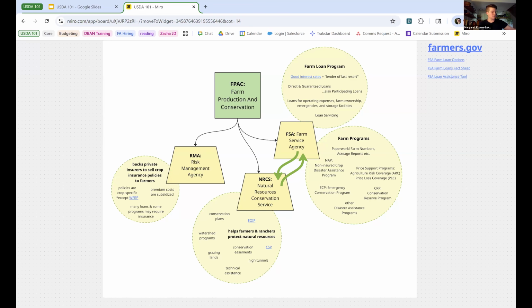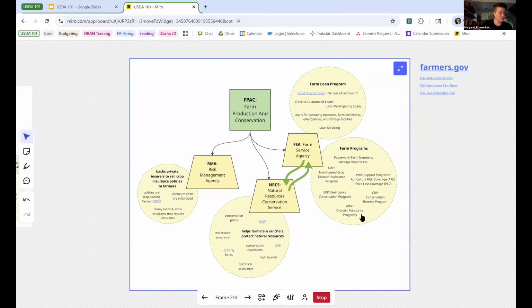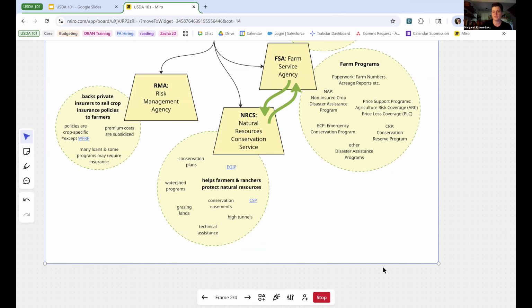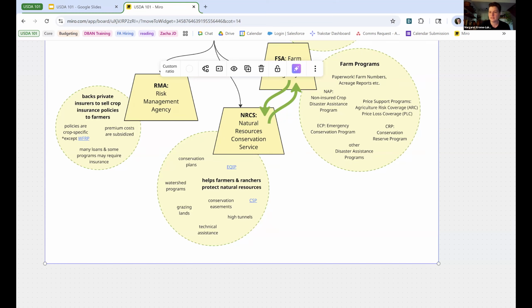And let's roll on to NRCS. Big picture, NRCS exists to help farmers and ranchers protect natural resources. There's a lot of conservation expertise in this agency. They provide technical assistance. They can help farmers with conservation plans.